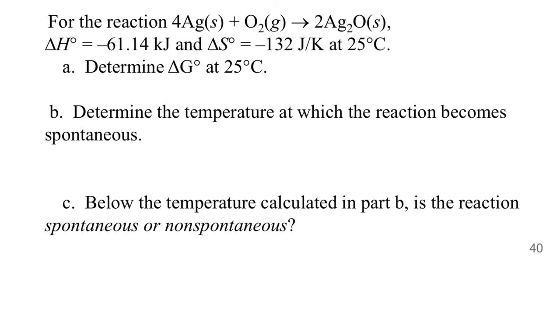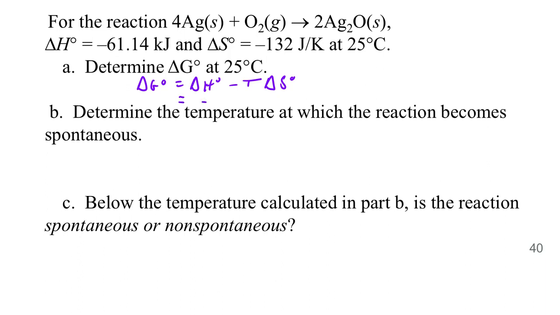Okay, so delta G at 25C, we're going to use delta G equals delta H minus T delta S. Again, the units here are the big places to make mistakes. Make sure your units are all going to cancel appropriately.